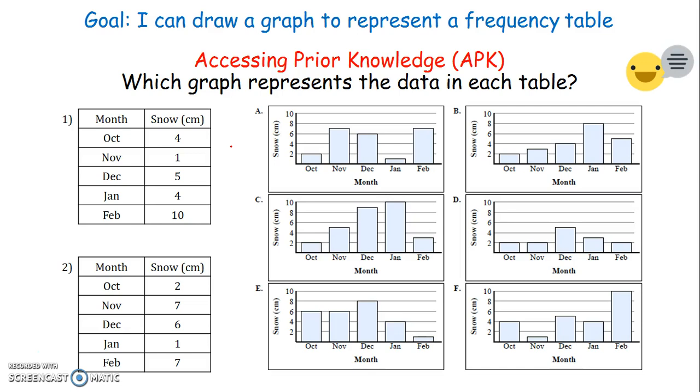What I would like you to do is think about which of these graphs represents the data in table 1 and which one represents the data in table 2. Pause here for a few seconds to have a think about it, and then you can unpause to hear the answer.